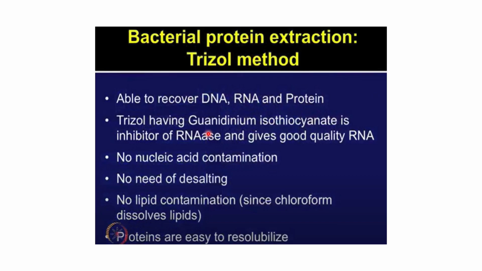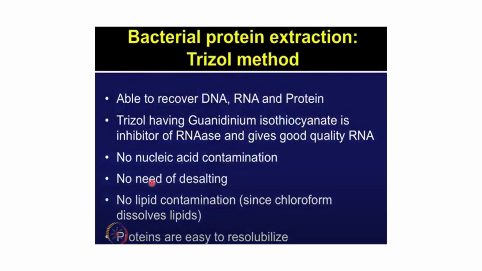If you are using the supernatant, that becomes your RNA extraction, and you can take that for a different procedure for extracting RNA. Then this will make sure that there is no nucleic acid contamination, and it will not require any desalting method, which is generally required for ammonium acetate precipitation or TCA precipitation.